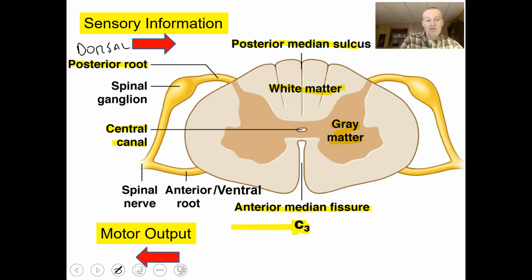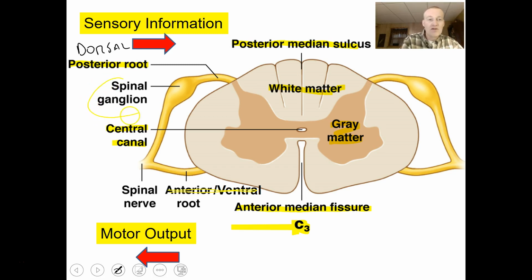Over here we have the anterior or ventral root. Let me see if I can get a highlight here. This is the anterior or ventral root, and that's going to be all the processes coming out of the spinal cord in the front region.